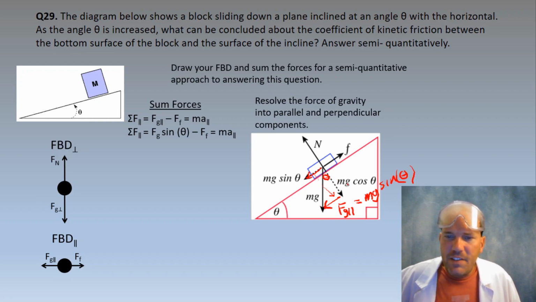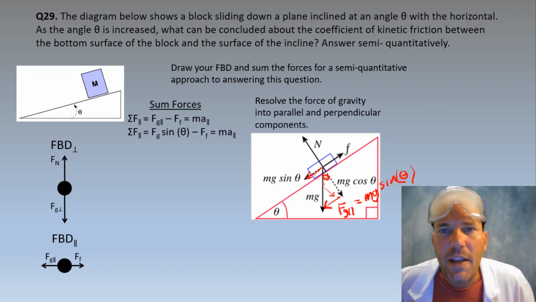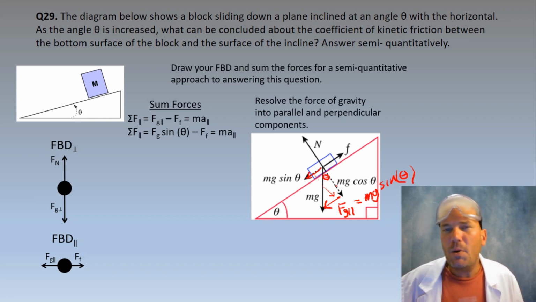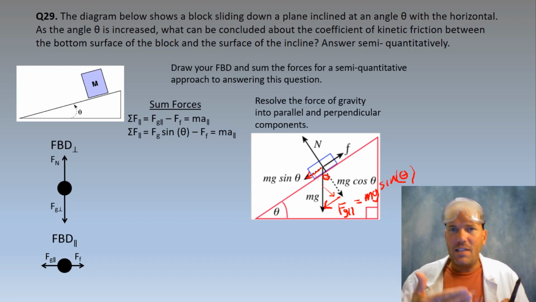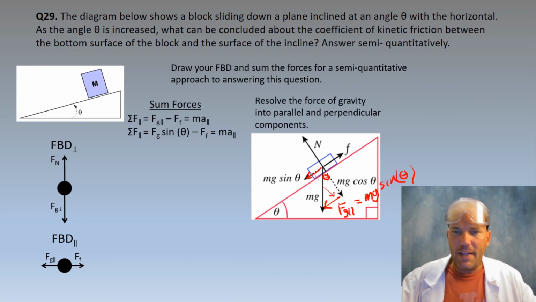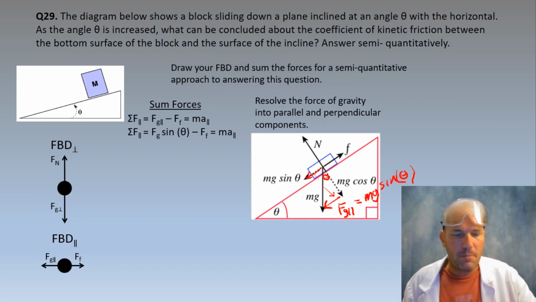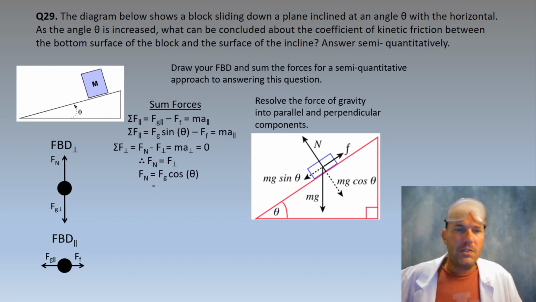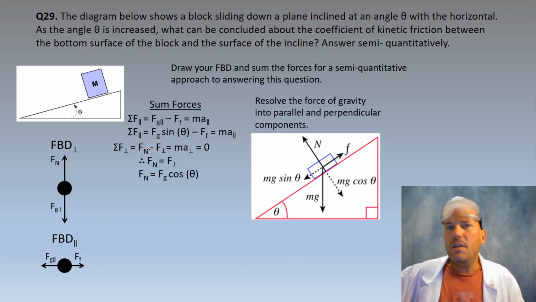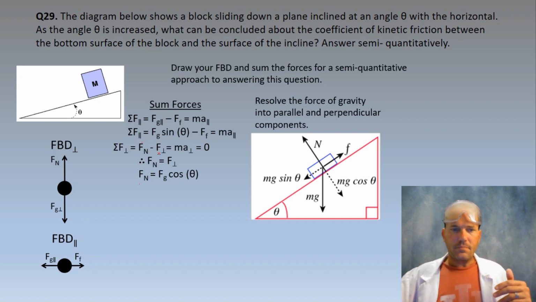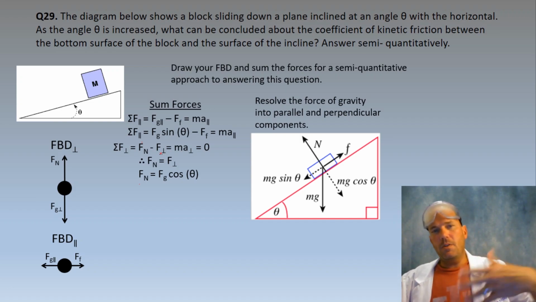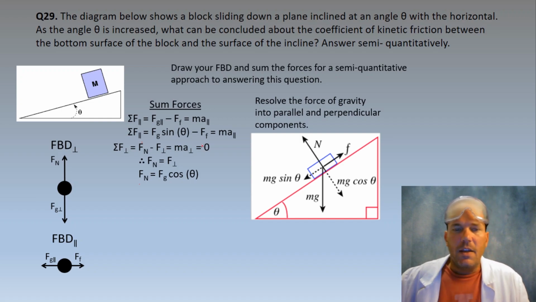Along that same line of reasoning, the adjacent side of this triangle is cosine, and that's going to give you the force of gravity perpendicular. So mass times gravity times cosine theta gives you the force of gravity perpendicular. All right, so let's look at that in our summation of forces here. In the perpendicular direction, if we call up positive, then up and perpendicular is force normal, and the opposite direction is negative.